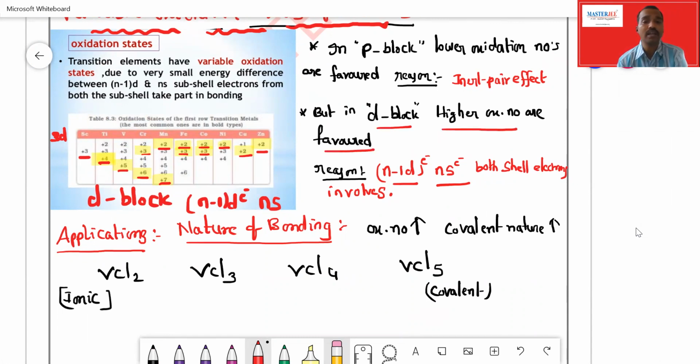But in the case of p block elements, because of the inert pair effect, lower oxidation numbers are favorable. In the case of the d block, because of the participation of not only ns but also (n minus 1) d electrons, higher oxidation numbers are favorable.